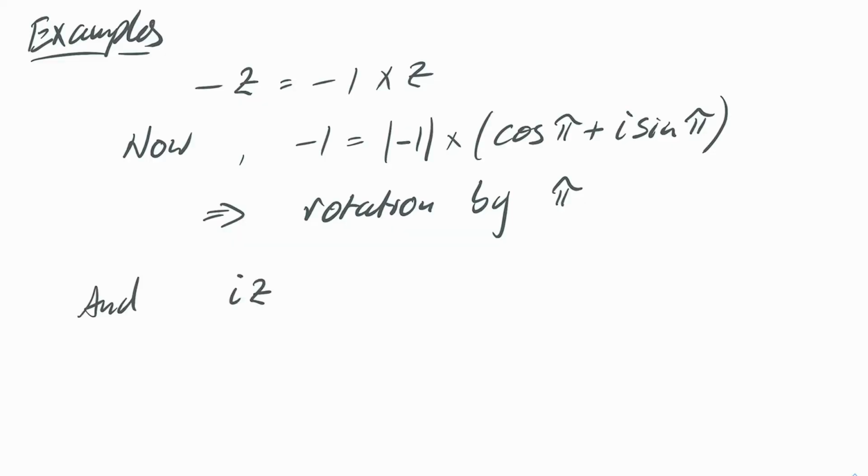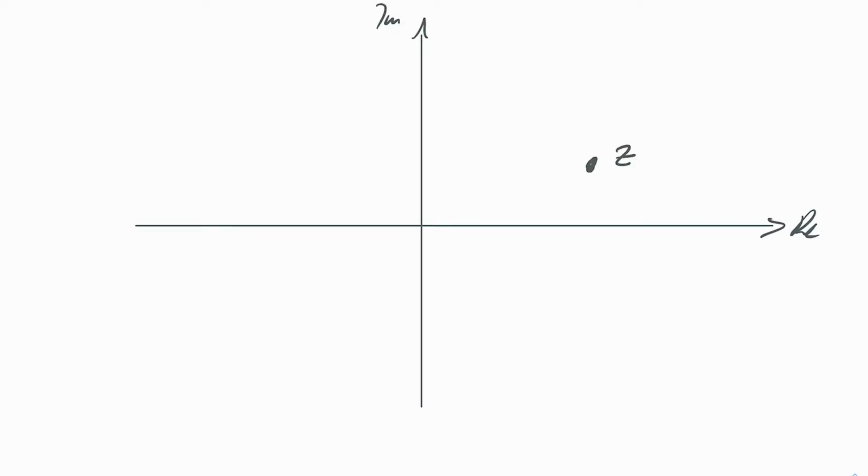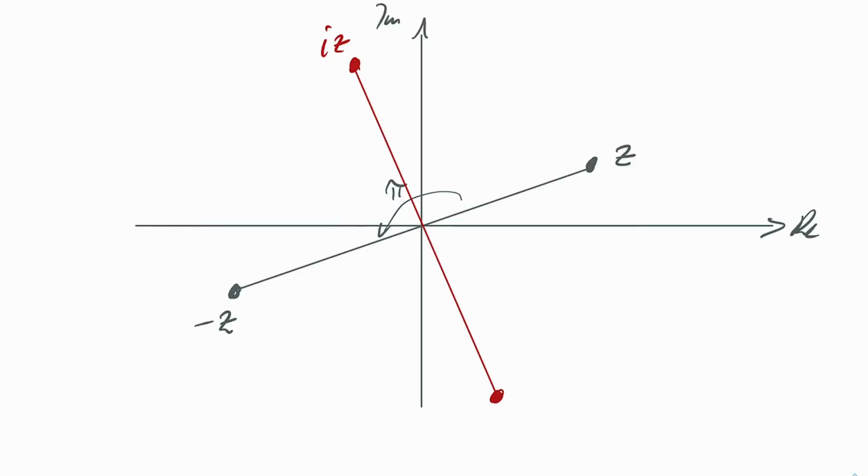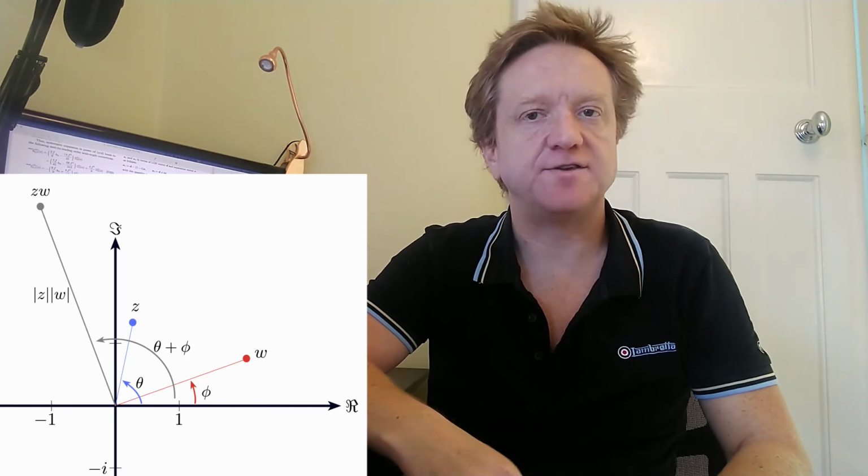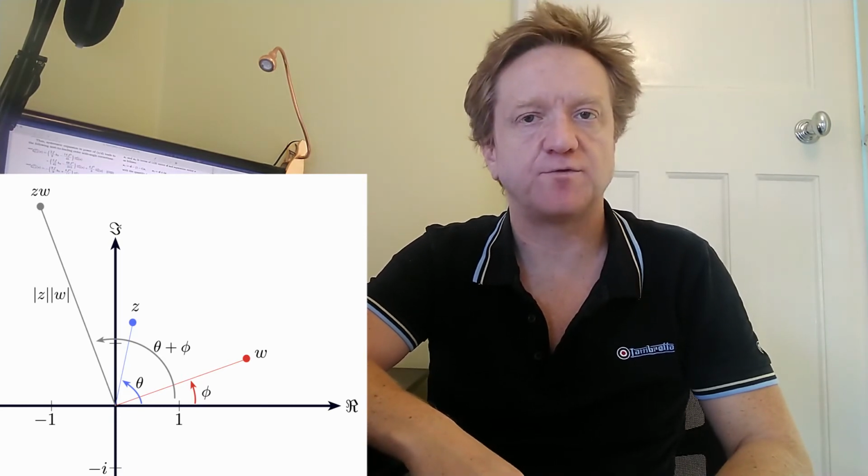Similarly, multiplication by i is a rotation by pi by 2 because the argument of i is pi by 2. So if I have a number z, minus z is a rotation by pi, and i times z is a rotation by pi by 2. A rotation by minus pi by 2 gives me minus i times z. So multiplication is kind of neat in modulus argument form.